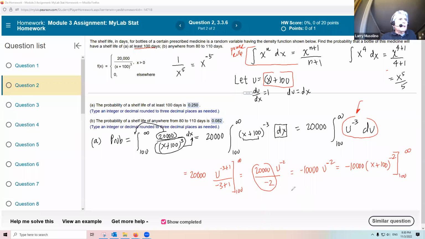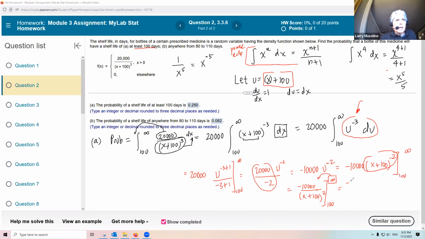To make this a little easier, I'm going to move this expression down to the bottom of a fraction. So this is going to be -10,000 over (x plus 100) squared, and we're going to evaluate this from 100 to infinity. If you remember from calculus, you plug in the upper limit first.